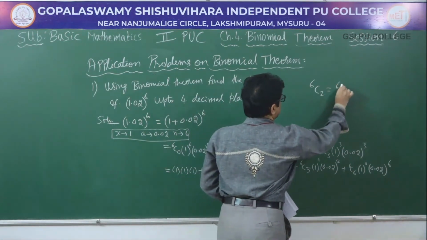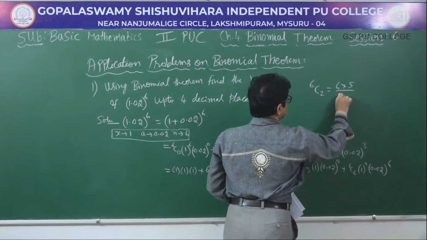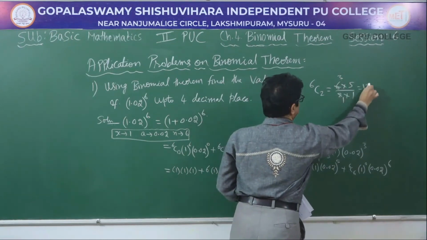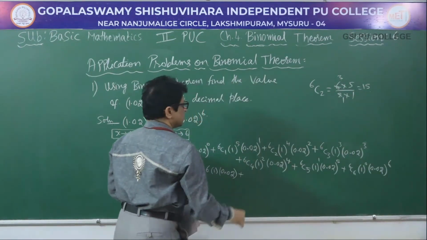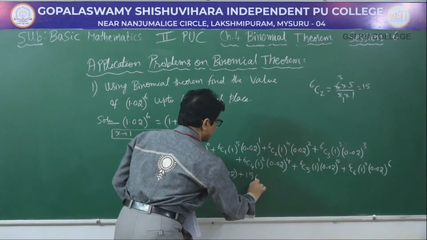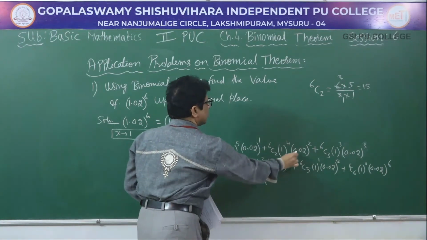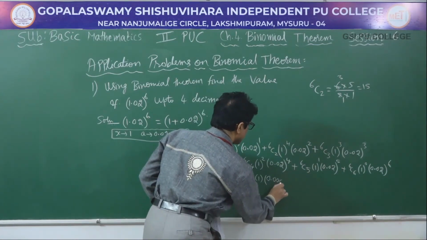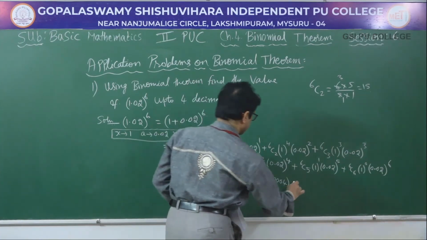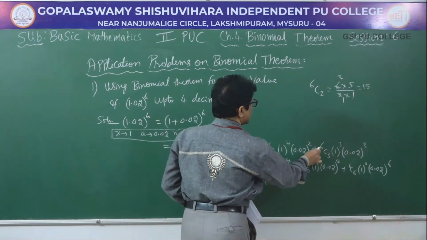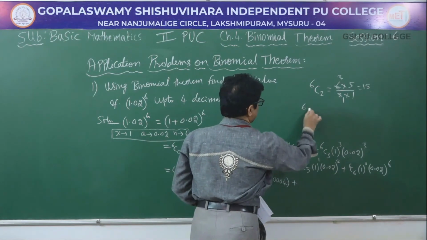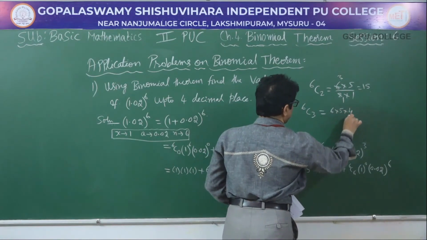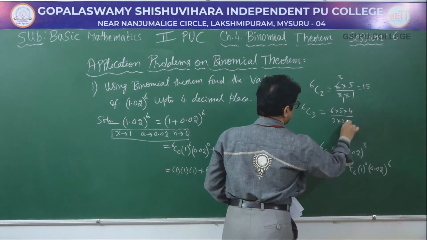6c2 is nothing but 6 into 5 by 2 into 1. So 2 ones are 2, 2 threes are 6, 3 fives are 15. So 6c2 is 15 into 1 into 0.02 whole square, which is 0.0004, plus 6c3. So 6c3 will be equal to 6 into 5 into 4 divided by 3 into 2 into 1.